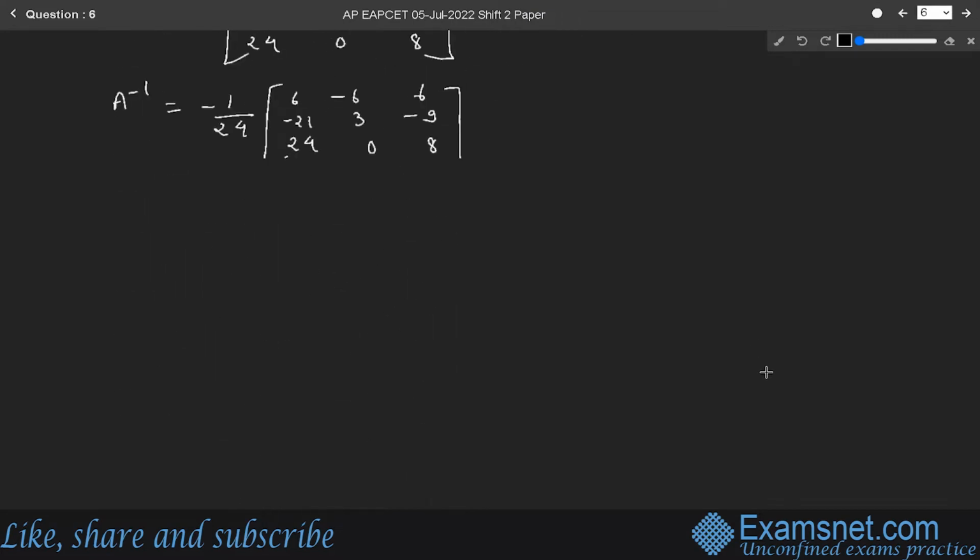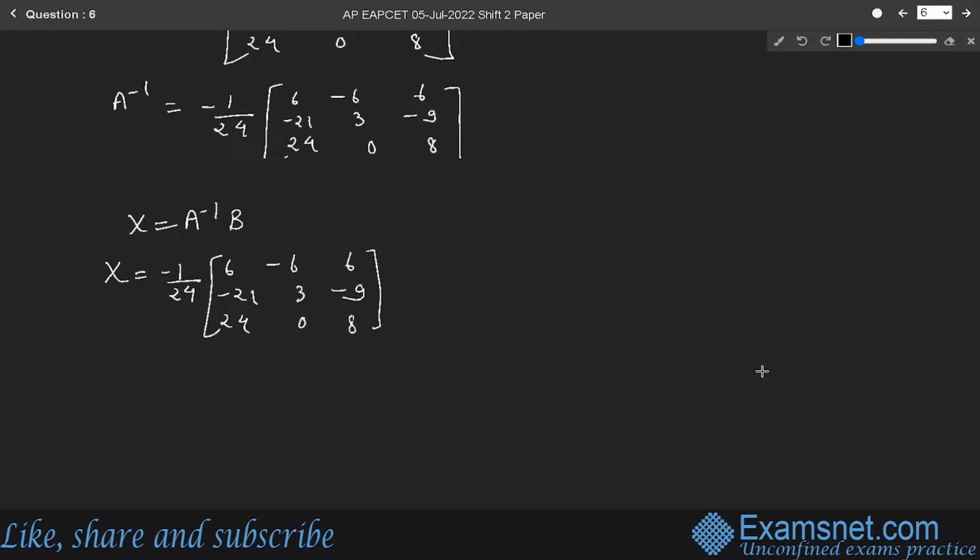Now we know that X is equal to A inverse B. So X will be equal to minus 1 by 24 into [6, -6, 6; -21, 3, -9; 24, 0, 8] into B. Matrix B is [1, 1, 4].